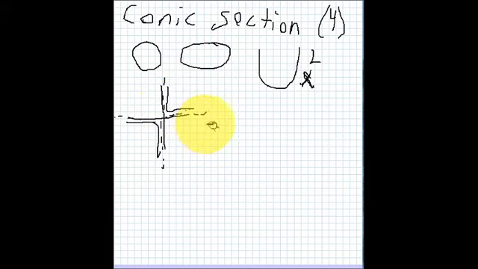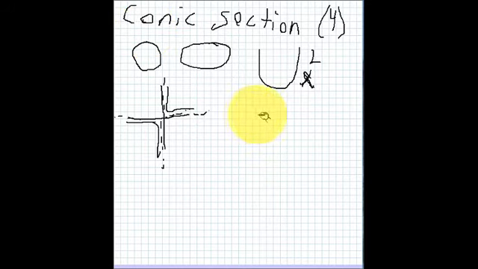We're almost certainly not going to see hyperbolas anywhere in calculus. In fact, we're not going to see ellipses for sure, and we're probably not going to see circles, but there's a chance you'll see circles.